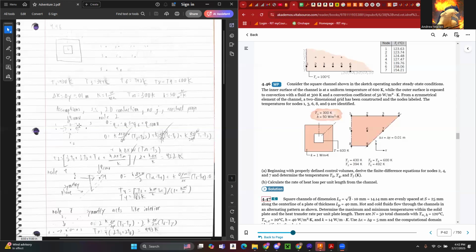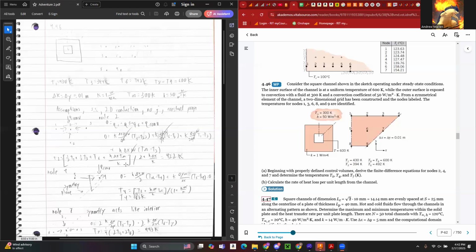And then you got the convection, which is just going to be h delta X W times delta T. Once again, W's all cancel out, so it's just going to be h delta X. You can simplify this equation into what I have shown below, and if you solve all that out, you get a temperature of node 2 of 422 Kelvin.